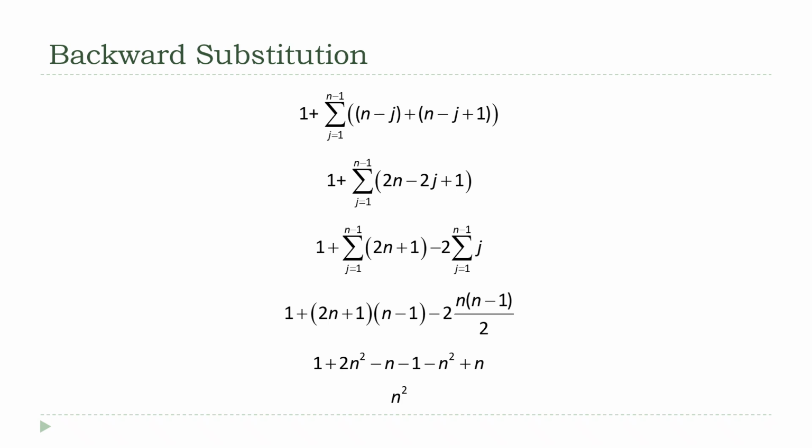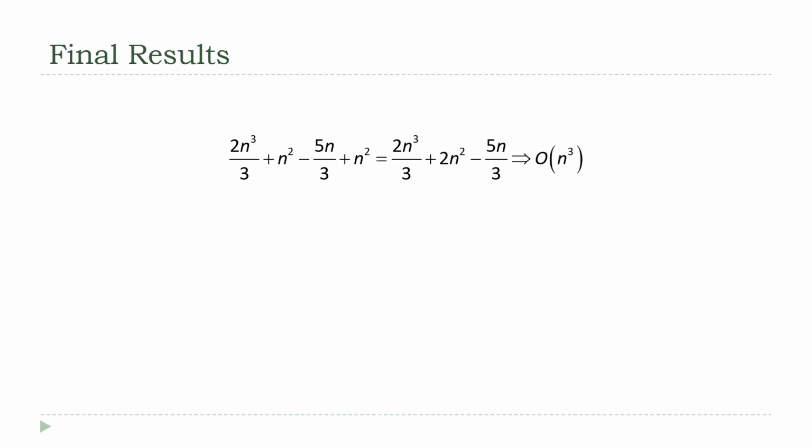Now, this is all the information that we need to get to our final answer. I'm going to add those two expressions together. The 2n cubed over 3 plus n squared minus 5n over 3 is from the elimination phase. N squared is from the back substitution phase. We add those together, we get 2n cubed over 3 plus 2n squared minus 5n over 3.